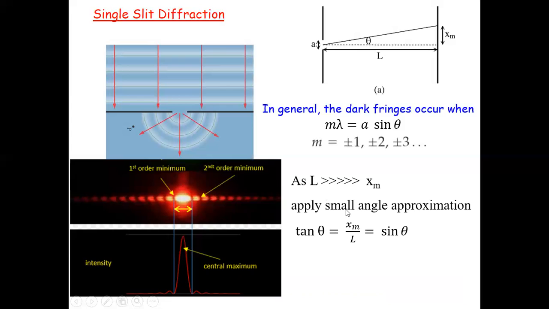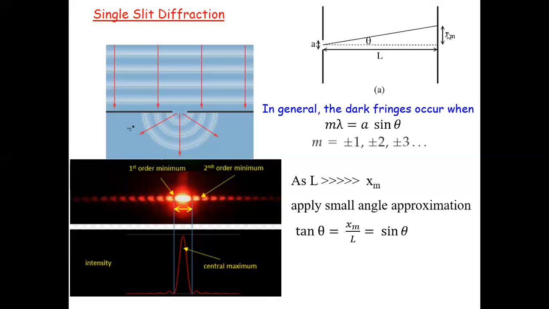What is the small angle approximation? Let's look at this diagram. It is a right triangle, and the angle we're going to label as theta. L is adjacent to theta, and xm is opposite to theta, right?